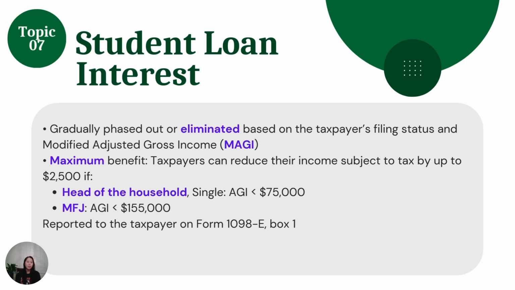What this basically means is usually it'll be canceled depending on their filing status, but generally student loan interest can be taken by up to $2,500 if they are head of household or single with an AGI of less than 75,000, or they're married filing jointly with an AGI of less than 155,000. In this case, they'll be able to deduct $2,500 from their gross income.